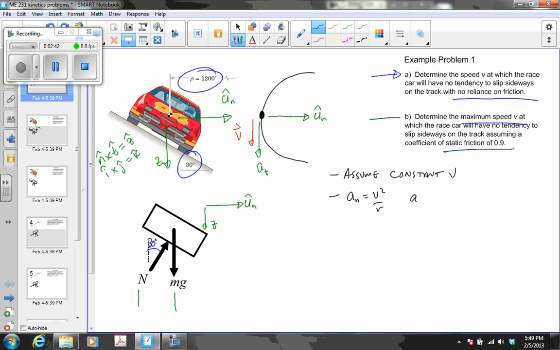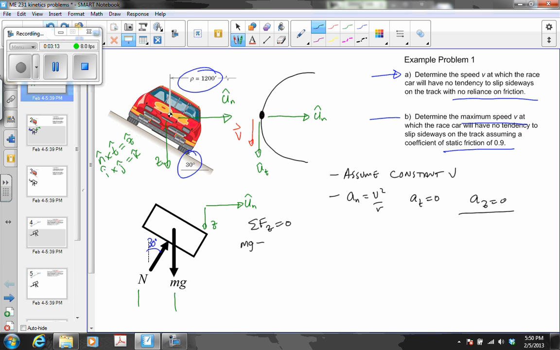It's constant velocity, so the tangential acceleration would be 0, and it's clearly not accelerating in the z direction, so that's equal to 0. So now we can sum forces. I'll start with the z direction. Since it's not accelerating in the z direction, I'll sum forces in the z direction and set that equal to 0.